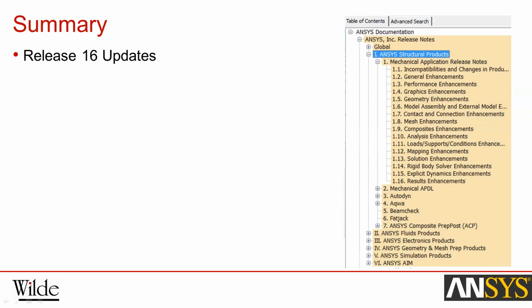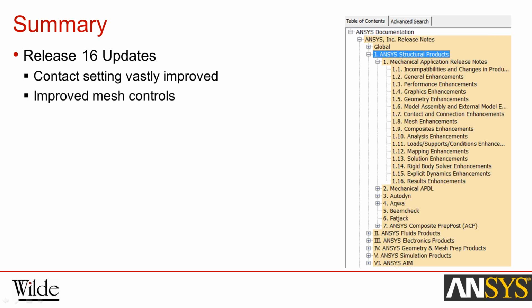A quick recap now of what we have covered. I've shown you the significant improvements in the contact settings, which will reduce your simulation times. In version 16, the user now has much more control over the meshing, to the extent that you are able to drill right the way down and manually manipulate individual nodes.